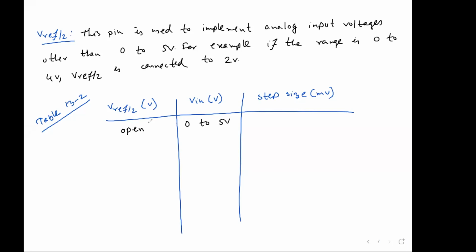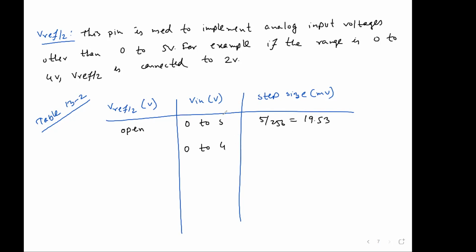This is given in the description of Vref by 2. In that case, our step size will be input voltage 5 divided by 256, which will remain the same as we have seen earlier, that is 19.53. Now, if the range is 0 to 4 volt, I should not write volt over here because it is already given at the top. Okay.